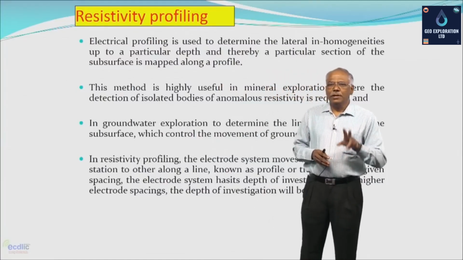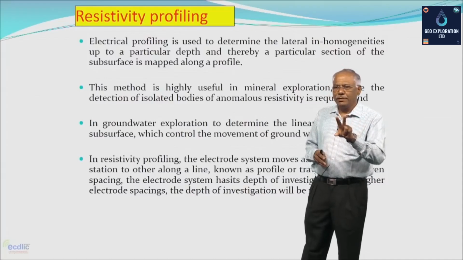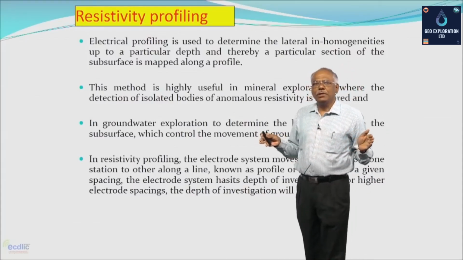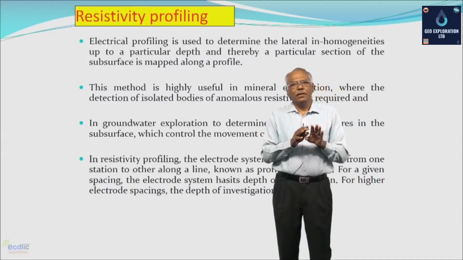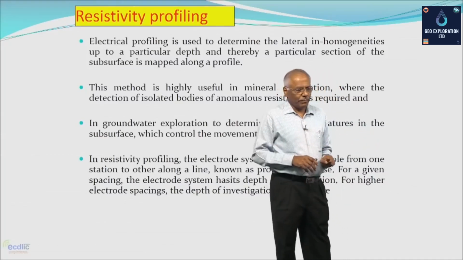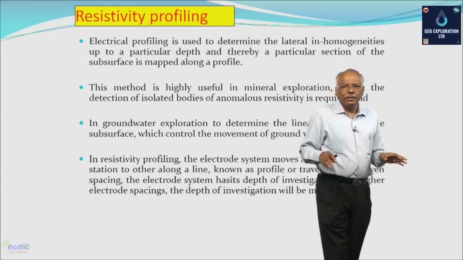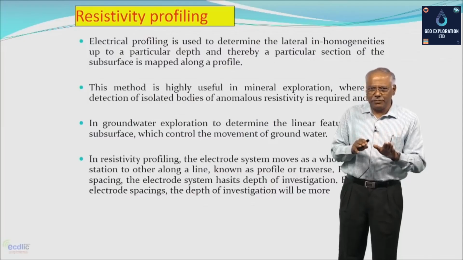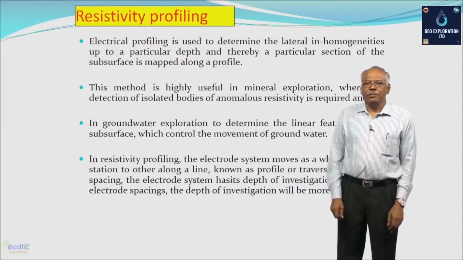Therefore, there are two field methods which are in practice. One of them is known as resistivity profiling. So, that whole area under consideration can be scanned with the help of resistivity profiling.